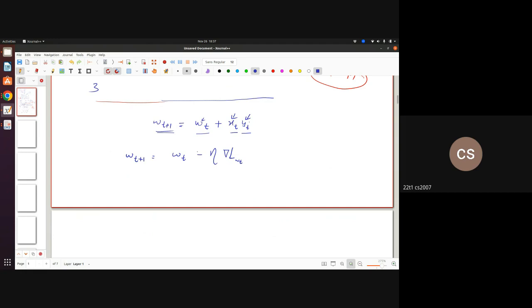Okay. So if you compare these two formulae, let's say I put eta equal to 1. Then this becomes Wt minus gradient of the loss function.